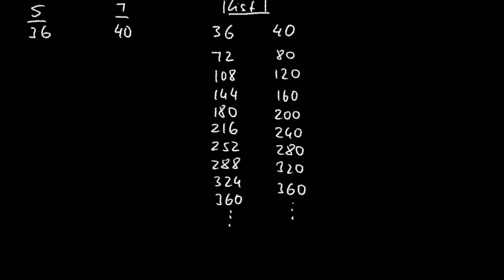So we see 360 is the smallest number, which is divisible by both 36 and 40. In other words, 360 is the least common denominator.